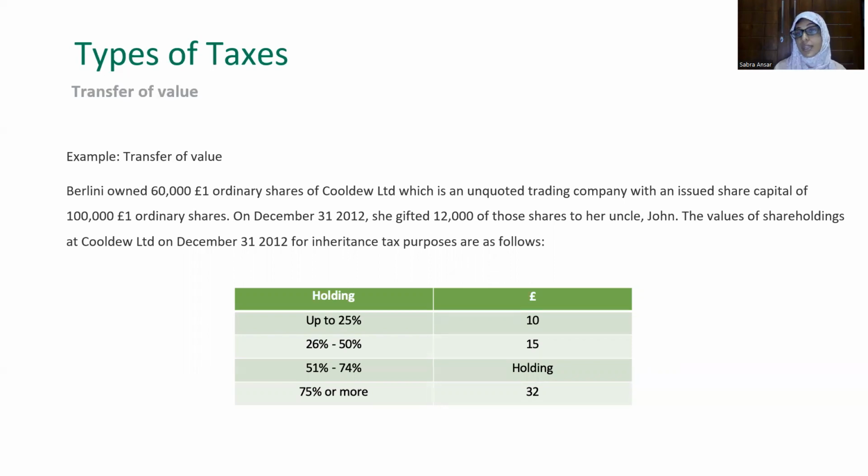Berlini has 60,000, and the value of each ordinary share is £1, with an issued share capital of 100,000. So out of 100,000 issued shares, 60,000 were owned by Berlini.